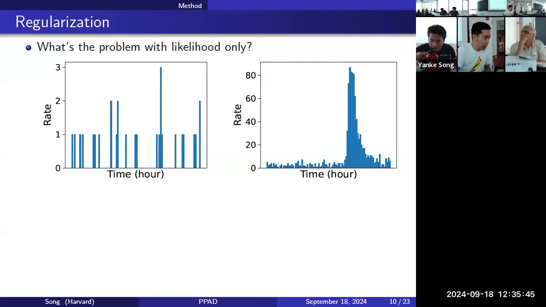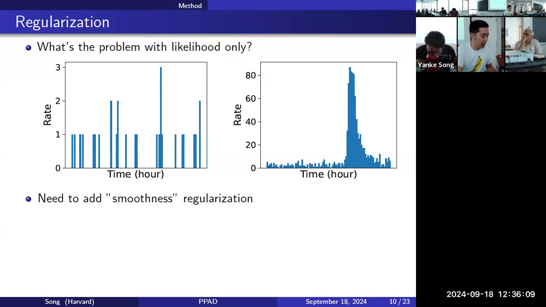Yeah. I was saying that this likelihood only is not enough because it creates some singularities, where the singularities, for example, happen at very large rates exactly at arrival times and very low rates elsewhere. So we need some other kind of regularization in order to fit a normal, reasonable light curve.